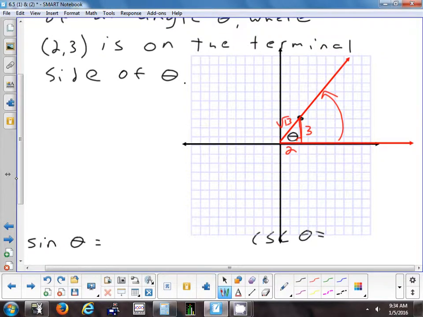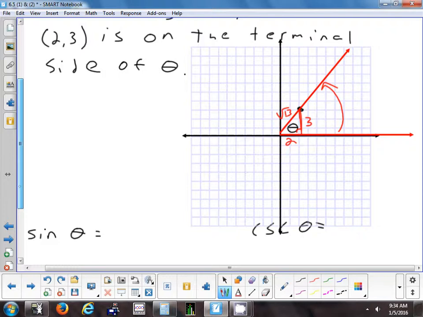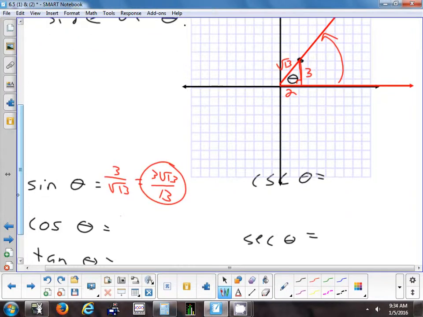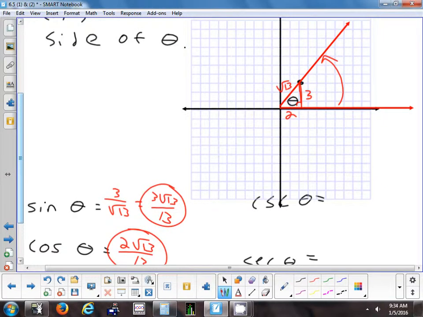So sine is opposite over hypotenuse. And we'll fix it. Cosine is adjacent over hypotenuse. Is everyone okay if I just fix it right away without going through that? Cosine and tangent is opposite over adjacent.